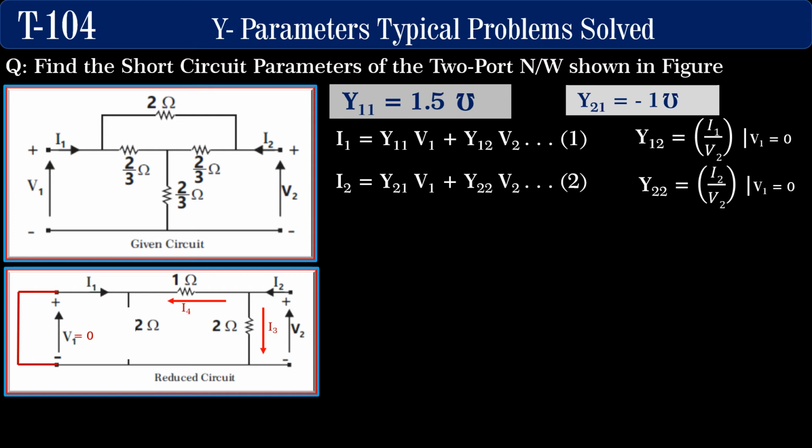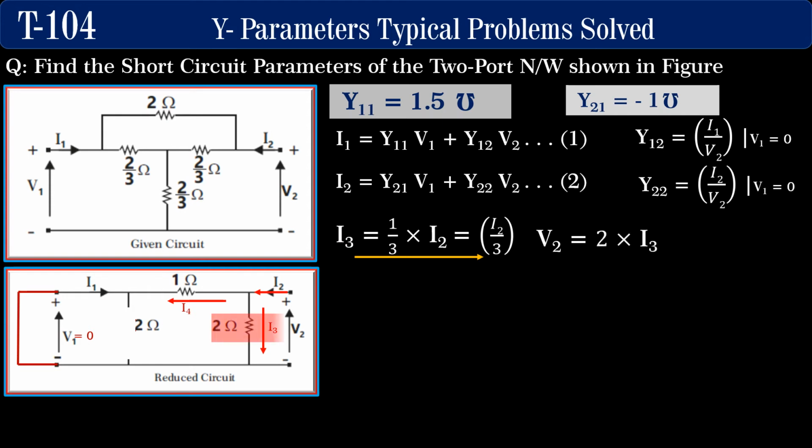So, according to current division theorem, I3 is equal to 1 ohm, which is the resistance of the other branch, divided by the total resistance of the parallel connected resistances 1 plus 2 equal to 3 into I2. Hence, we get I3 is equal to I2 divided by 3. But we know V2 is equal to 2I3.